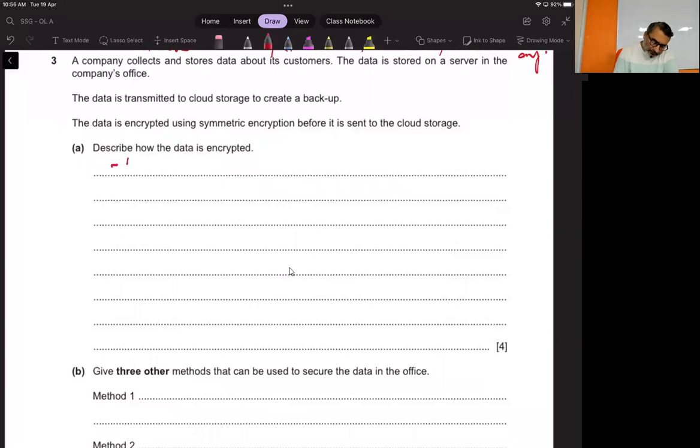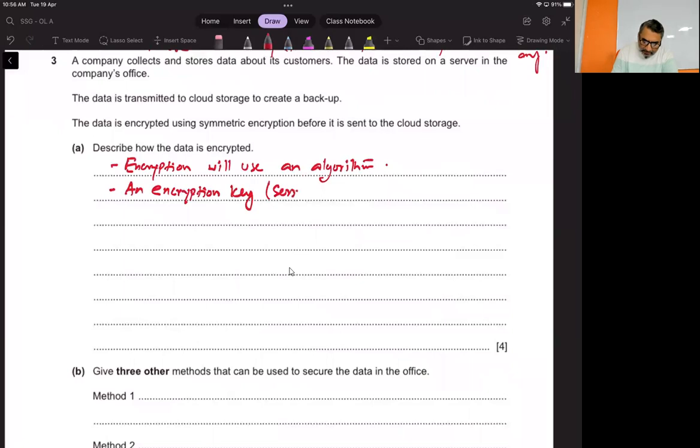Encryption will use an algorithm. An encryption key, which is basically a session key, will be used.